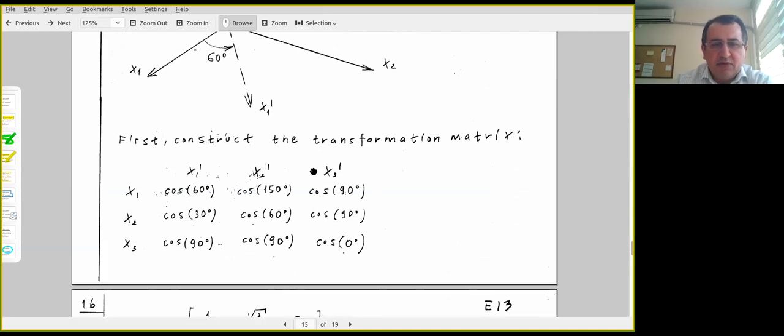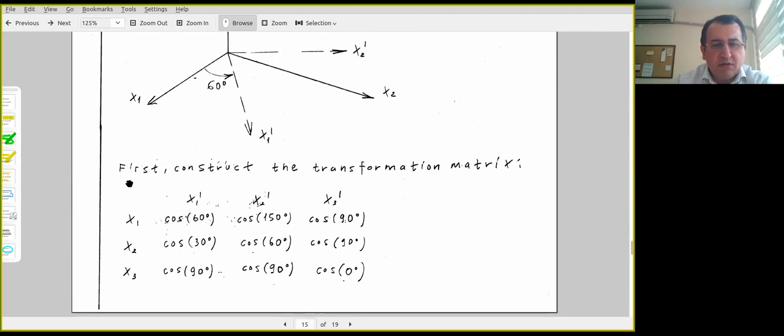There's the transformation matrix. To facilitate this computation, on this column you write the original coordinates. On this row, you place the new coordinates. And then the angle between 1 and 1 prime, cosine 60, is 1 over 2.